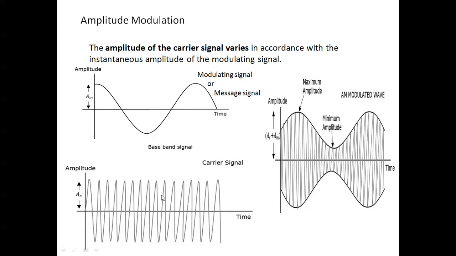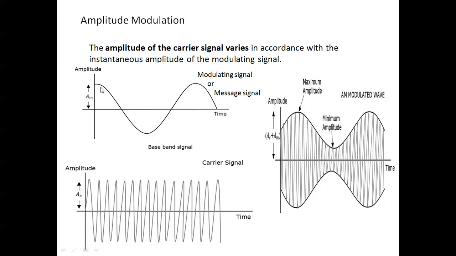Now the carrier signal: this is the amplitude of the carrier signal, a positive amplitude AC. The amplitude of the carrier varies in accordance with the instantaneous amplitude of the modulating input signal. What is instantaneous? In Tamil they say உடனடி.